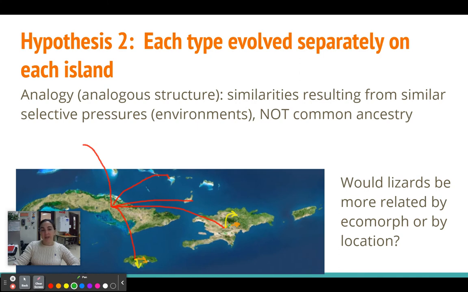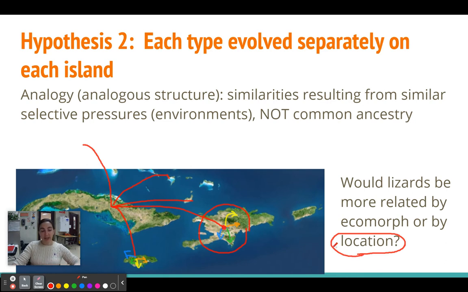And another one that developed those really long tails for living in the grass. And with this kind of pattern, you can see that now all of these lizards within one island are much more closely related to each other on that island than they are to the lizards on the other island, because they all descended from this common ancestor, kind of the first lizard that arrived on that island. So if this is what's correct, we would expect them to be more closely related by location.